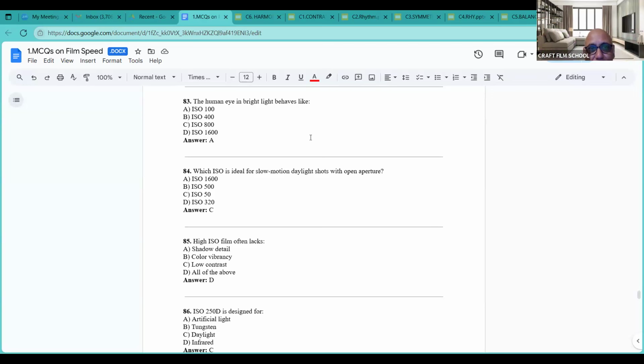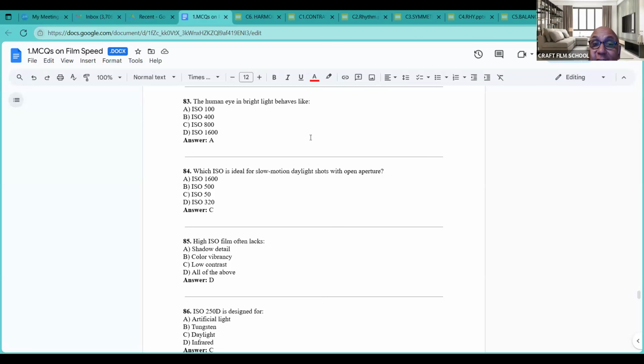So when there is a bright light, human eye in a bright light behaves like... is a little tricky question because you cannot compare the eye with the ASA of a film. You got my point? But here there is a trick. The trick is, what is normal in the daylight? Which film is most probably used in the daylight? Normal, 100 ASA.